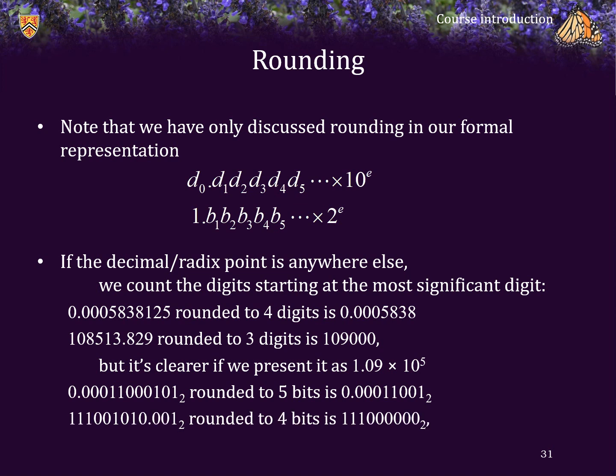Rounding this to 4 bits, we note that the fifth bit is 0, and so therefore we simply truncate all remaining bits, which leaves us with this number here. Once again, it's not clear that this number has been rounded, so it makes more sense to represent it as 1.110 times 2 to the 8.